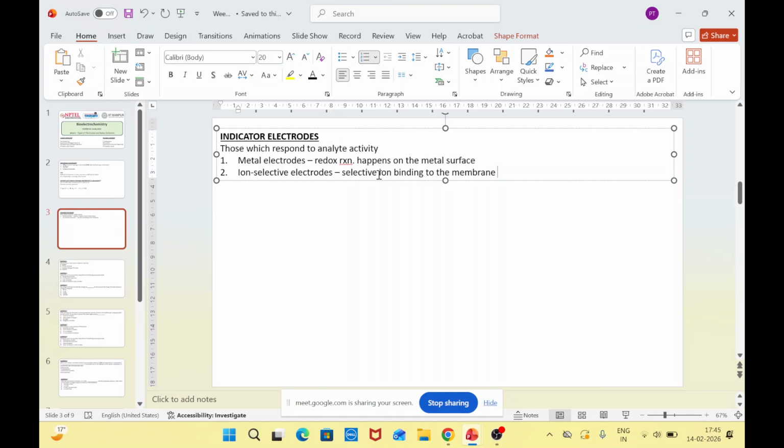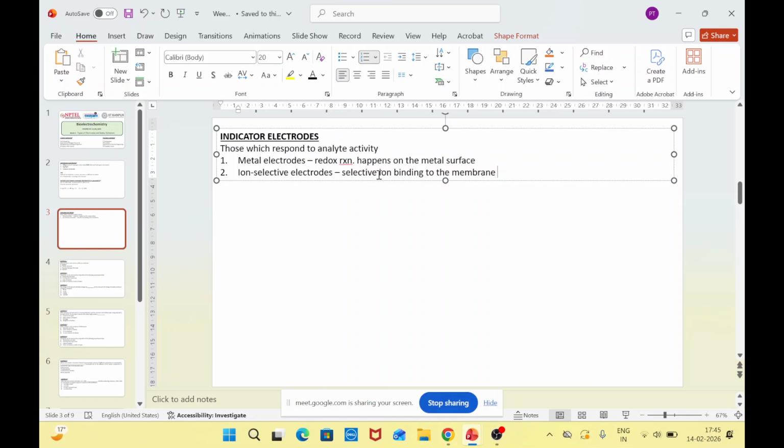So it's something like what we discussed related to the nerve cells. There we discussed how concentration changes usually lead to the generation of a potential across the membrane. Similarly here, in case of the ion selective electrode, the selective ion binding to the membrane generates the potential.